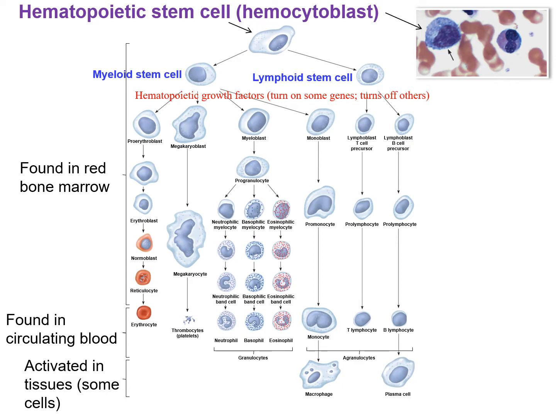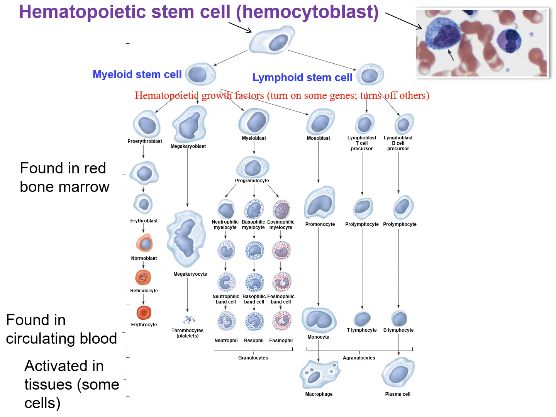So this cell, the monocyte, when it leaves the bloodstream, is redefined, if you will, and is now called a macrophage. And this is a very highly phagocytic cell, as you can tell from the suffix of the word, phage meaning to eat, macro meaning big, and it is a fairly large cell here. So it's very hungry, likes to gobble up bacteria, virally infected cells, cancer cells, and that kind of thing.